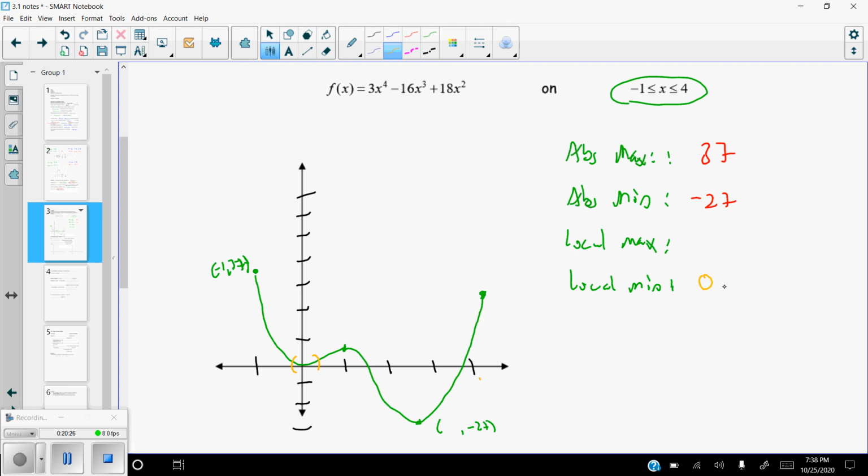It also looks like I also have a local minimum here, which we already know is -27. It's the maximum one that we don't have, and I did fortunately find this earlier. So the maximum right there, again, you would have to plug that in your calculator for now because I didn't give you a way to do it otherwise, occurs at whatever x value that is.